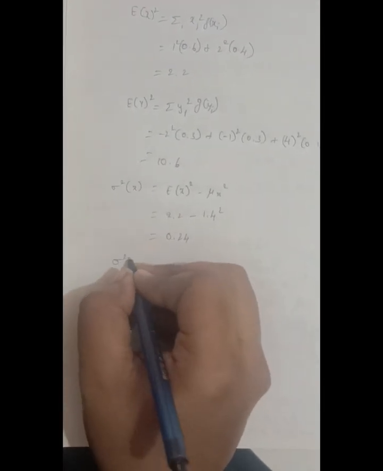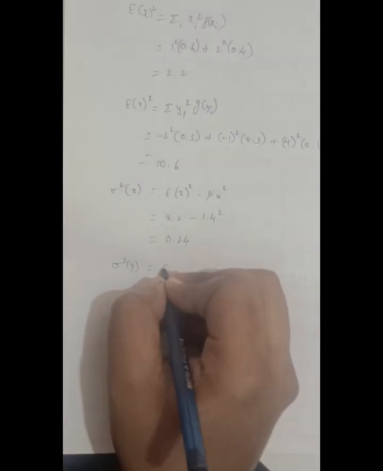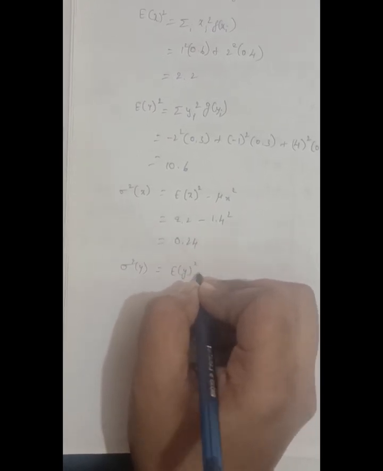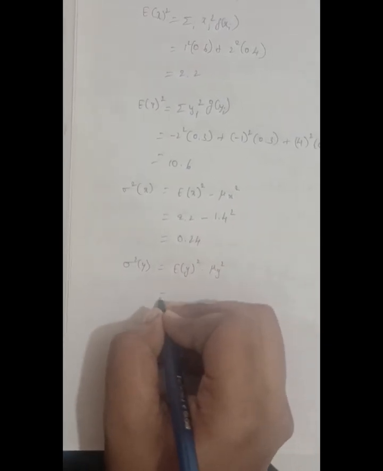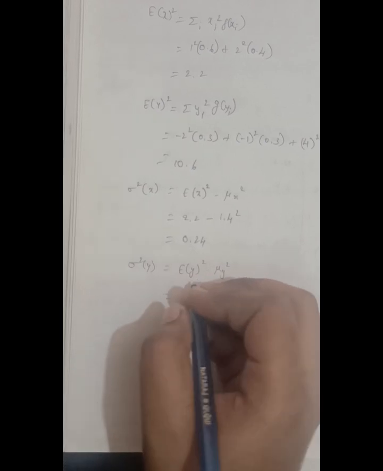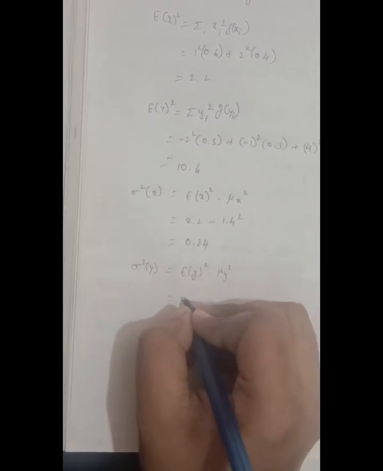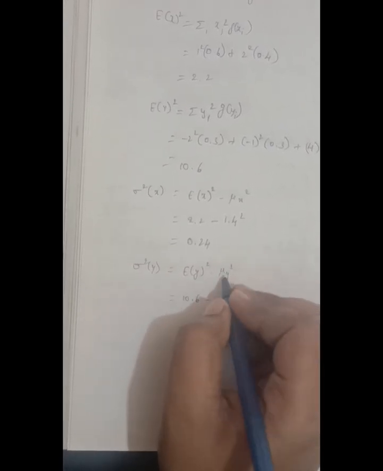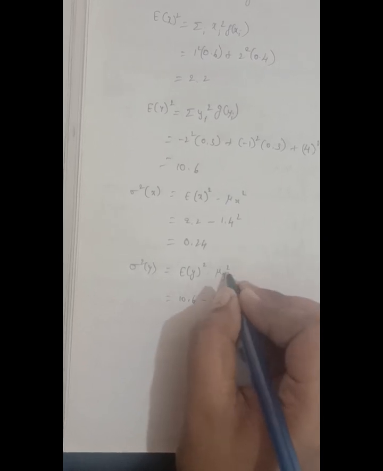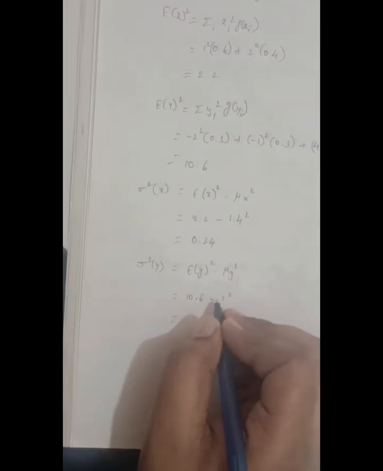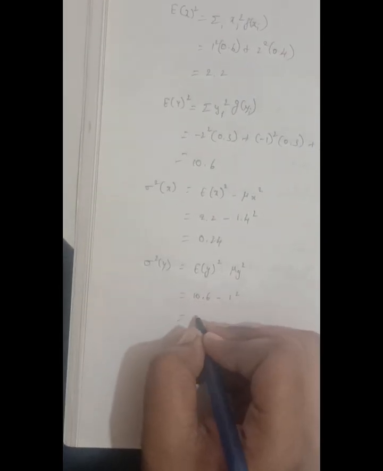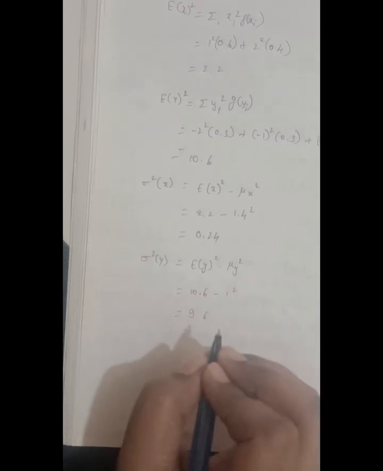Then sigma square of y is equal to E of y square minus mu y square. E of y square means 10.6 minus mu y square, which is 1 square. Simplifying, we get 9.6.